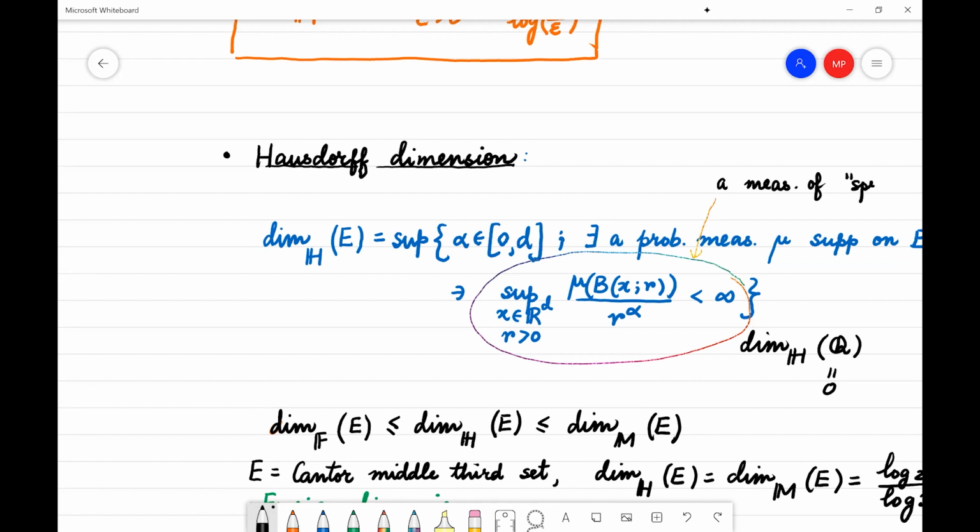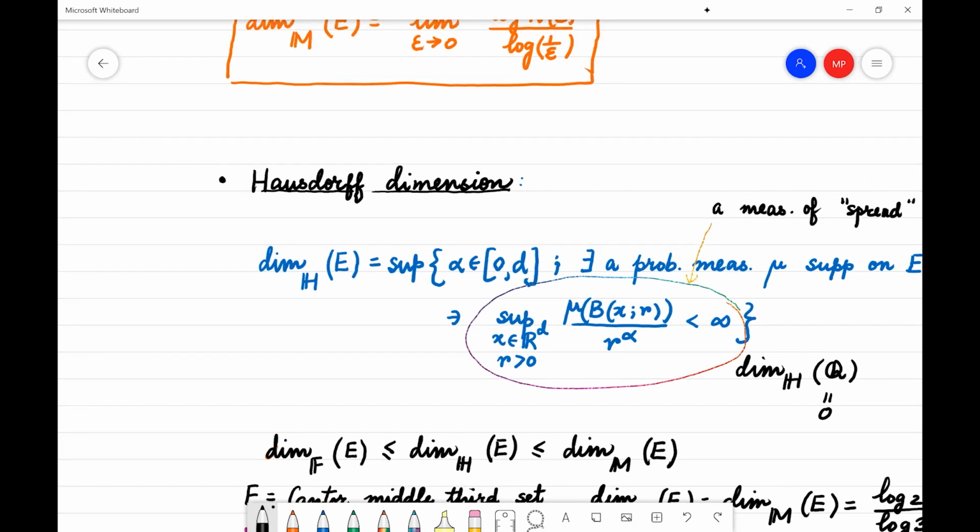So the more spread out or diffuse the set capital E is, it would be easier to allocate a larger value of alpha. As an extreme case, if your set E consists of a single point, then no matter what you do, the only possible probability measure that you can assign to it would be the Dirac delta, and alpha would be forced to be 0. So that's from a different point of view.